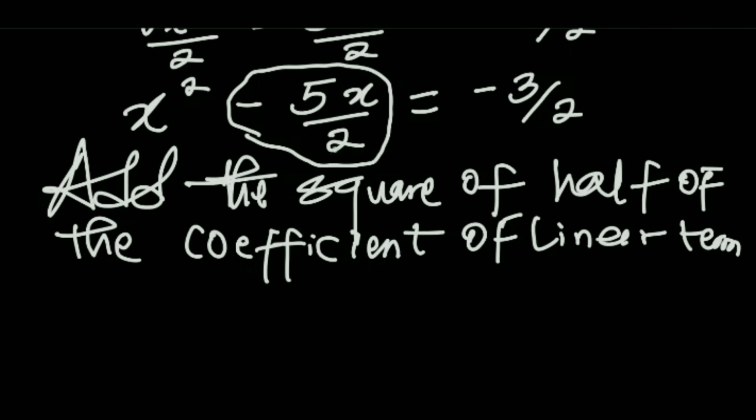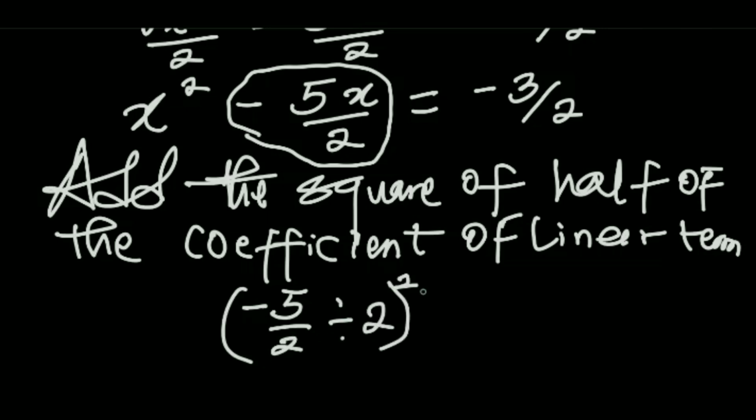To make this expression on the left-hand side a perfect square, we add the square of half of the coefficient of the linear term. What I mean is, we would add the square of half. The coefficient of the linear term is minus 5 over 2. And so, in our rough work, we do minus 5 over 2 divided by 2 all squared.